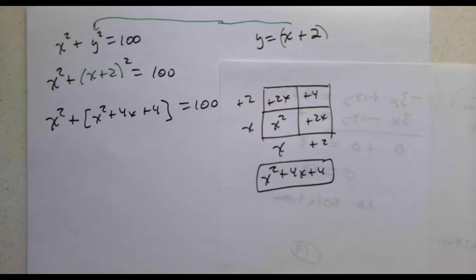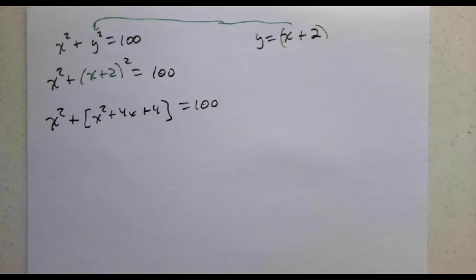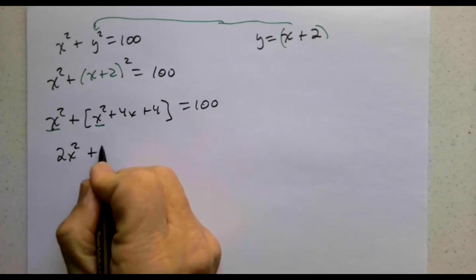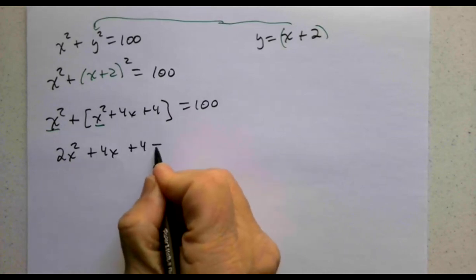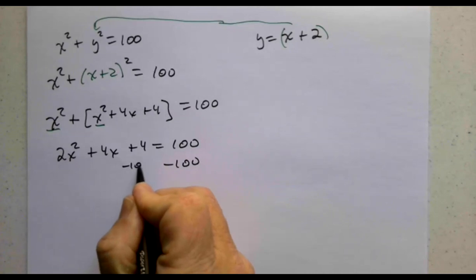So then simplifying that, what's my next line going to be? Well, we have x squared plus x squared is 2x squared. So 2x squared plus 4x plus 4 equals 100. Let's subtract 100 from both sides.